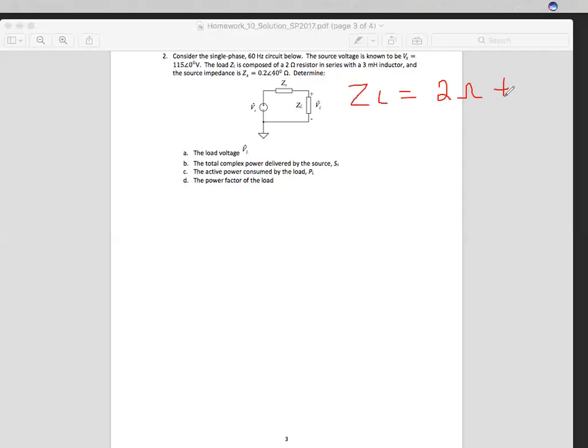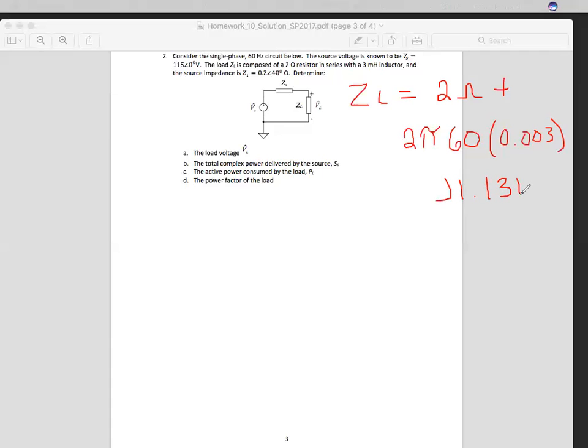In this circuit, because we have 60 hertz, we have 2 pi times 60 times 0.003, which ends up being j 1.131 approximately.